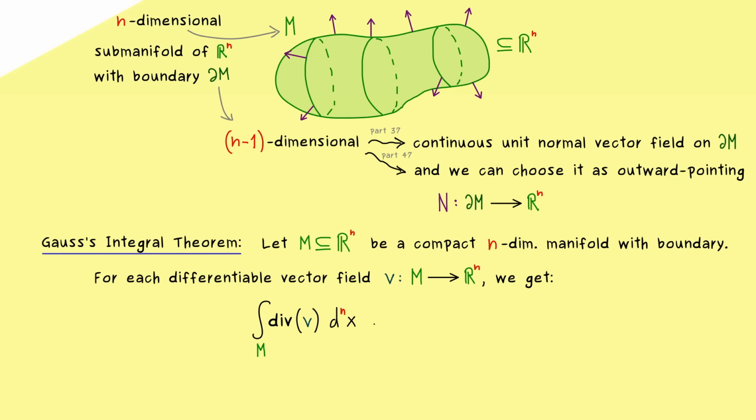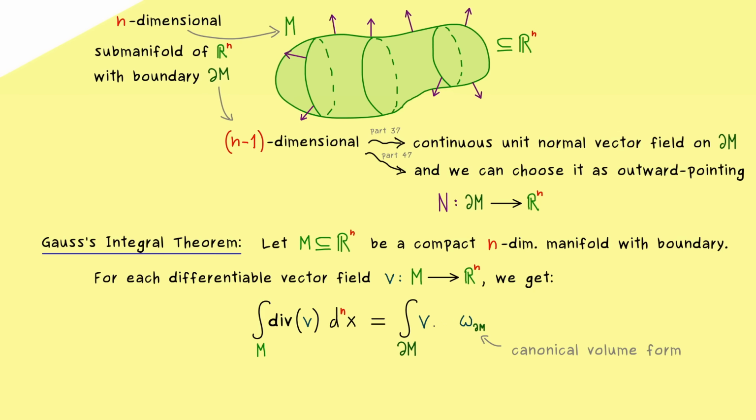However, now what we get here in Gauss's integral theorem is that this integral is equal to an integral over the boundary of M. And in fact, the differential form we integrate here on the right hand side is just the canonical volume form of the boundary. But obviously this is not all, because it also gets a coefficient in front.